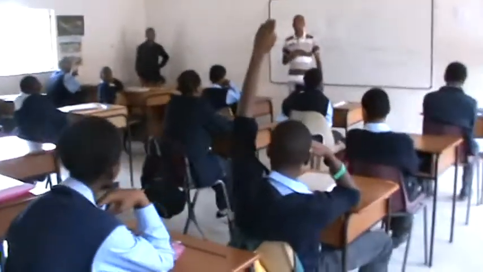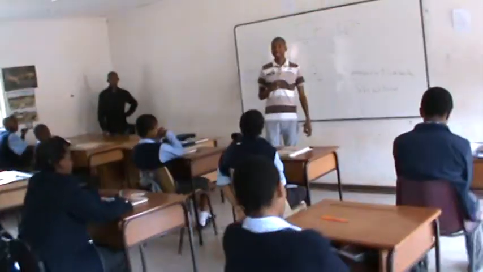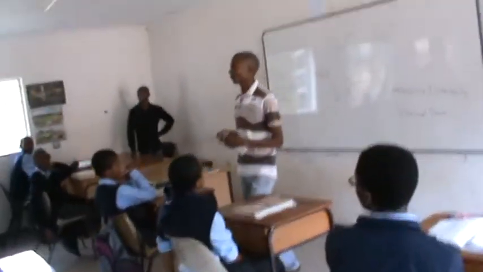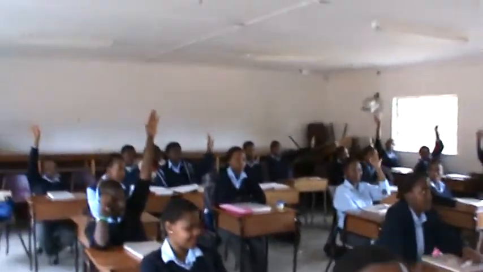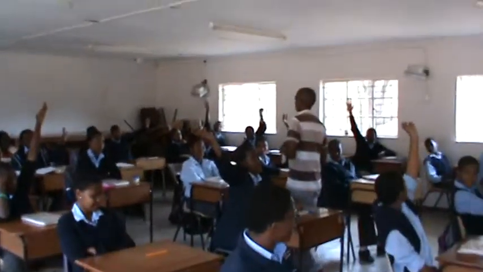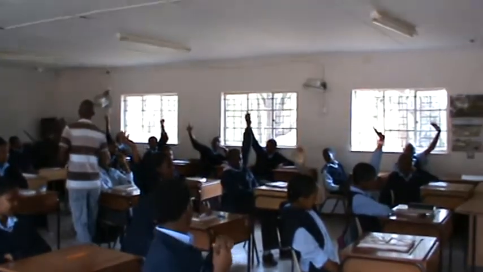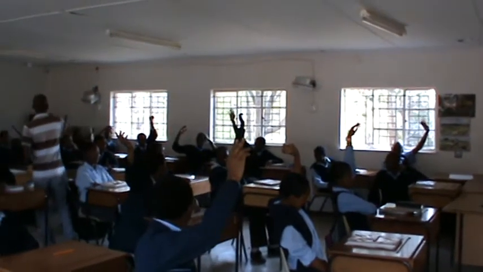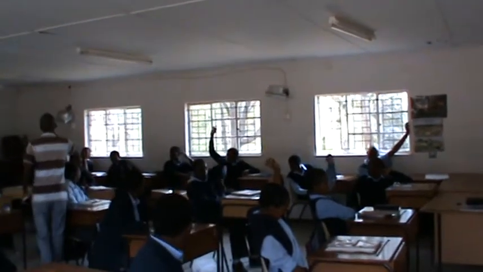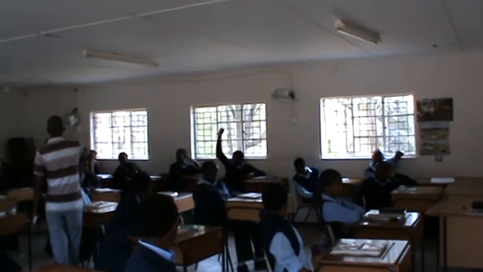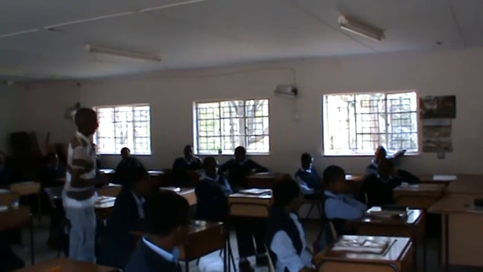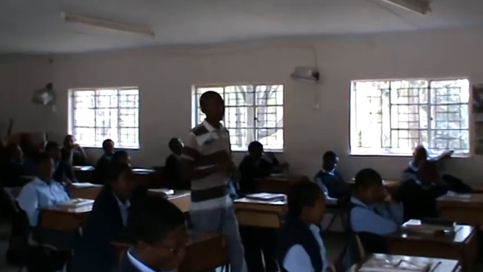Equilateral triangle. So what is an equilateral triangle? All three sides of that triangle are equal.